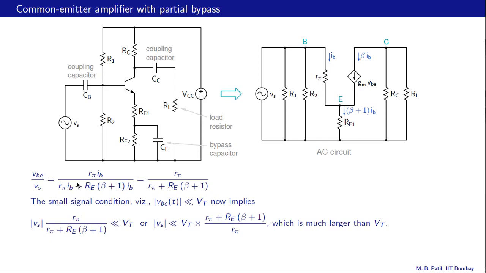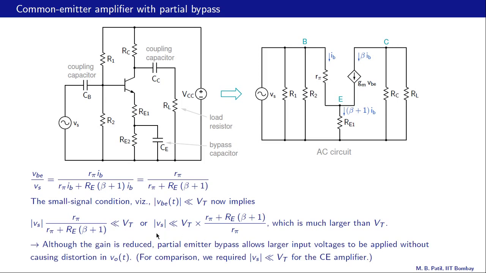We have VBE equal to Vs times this factor, and therefore if VBE has to be much smaller than VT, that means Vs times this factor must be much smaller than VT, or taking this to the other side, we require the magnitude of Vs to be much smaller than VT times R pi plus RE1 times beta plus 1 divided by R pi. Now this factor is generally much larger compared to 1, therefore this whole expression here is much larger than VT.